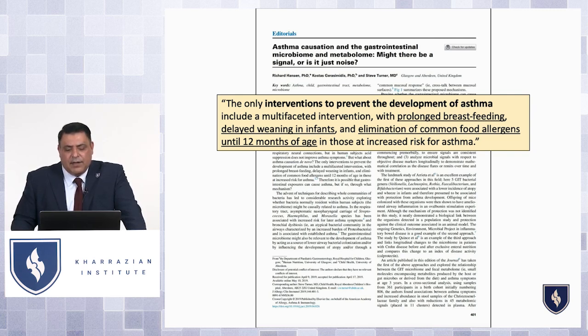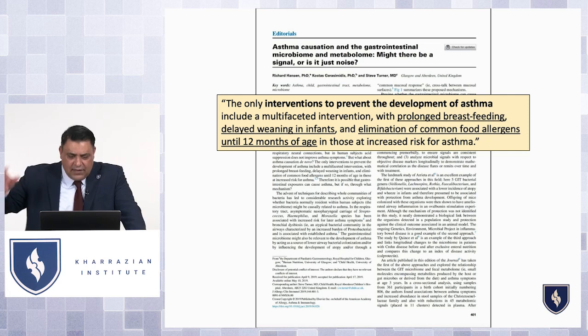One of the things that breastfeeding does, it provides these very powerful immune modulating peptides and polysaccharides that can change their immune system during those early stages of immune and neurodevelopment.